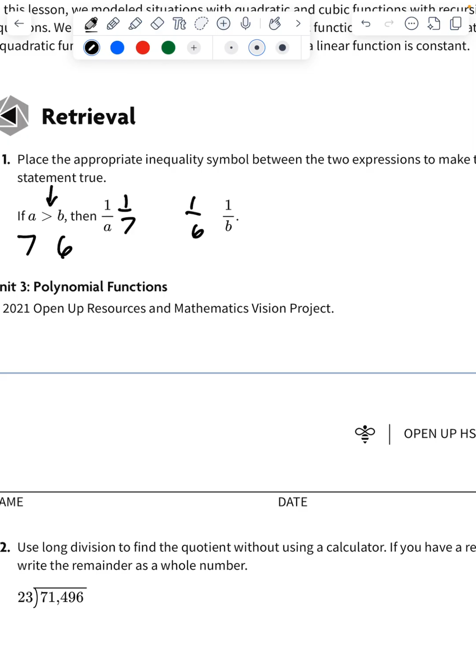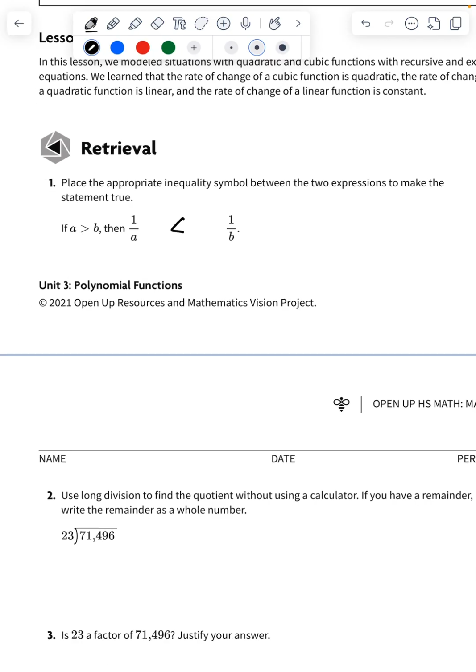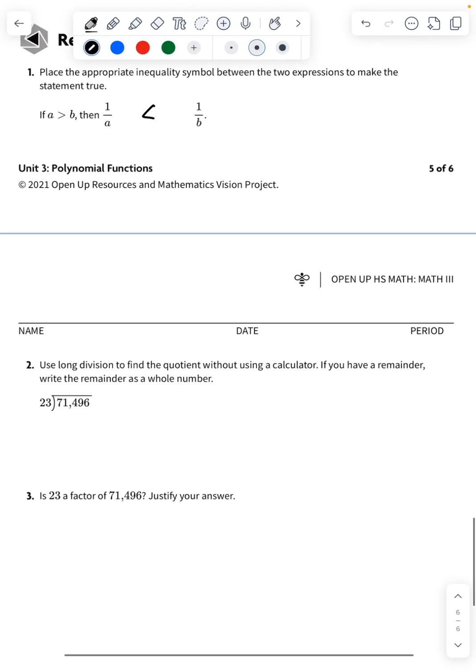And you could just type that in the calculator, but 1 over 6 is bigger. So this is kind of an interesting thing where if A is greater than B, then 1 over A is less than 1 over B. So kind of a cool thing you could just plug around a little bit.